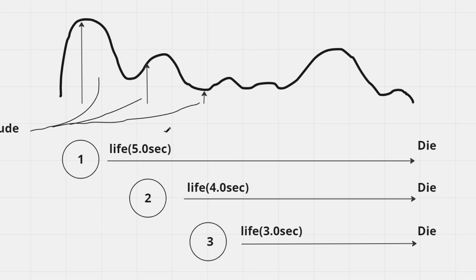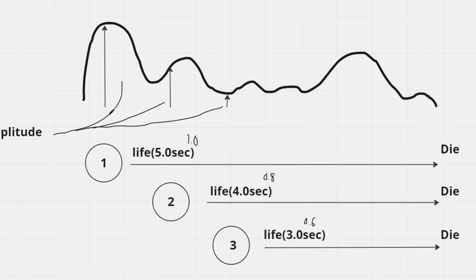So now this is 1, this is 0.8, and this is 0.6. So we can get the amplitude here. For example, this is 0.8, maybe for particle 2 it's 0.5, and this is 0.2. So the speed can be 0.2.